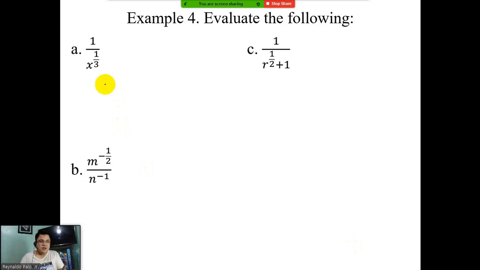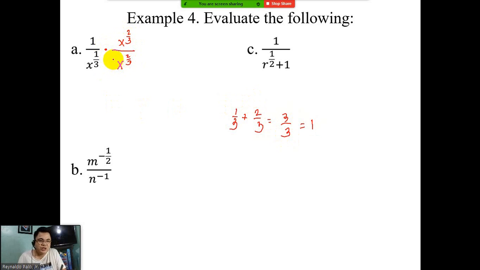So 1/3 as the exponent. Applying multiplication law, how are we going to make 1/3 1? So what will we add? So to get a 1, of course we have to complete this 1. We need to add another 2 over 3. Then 1 plus 2 is 3 over 3, or simply 1. So how are we going to simplify? We can now apply multiplication law, or the conjugate of x raised to the power of 2/3 and then x raised to the power of 2/3.